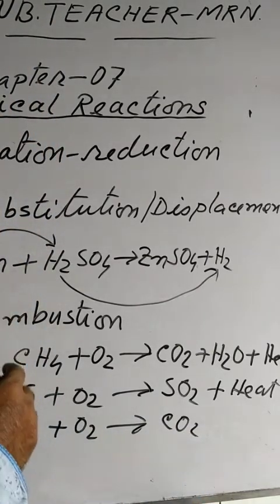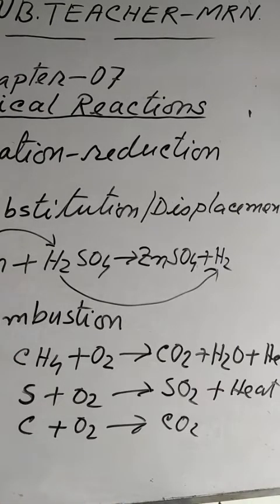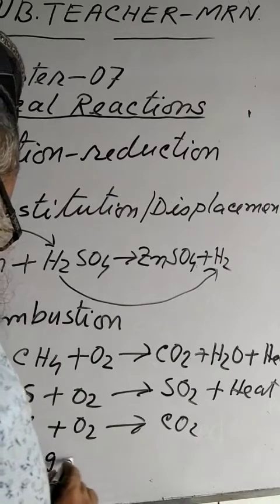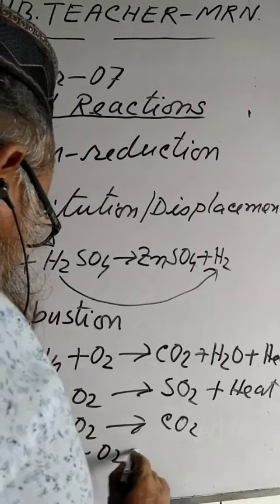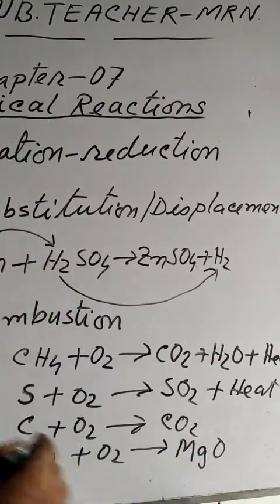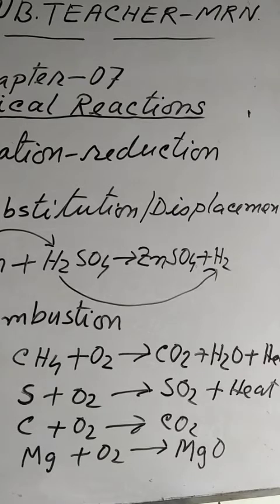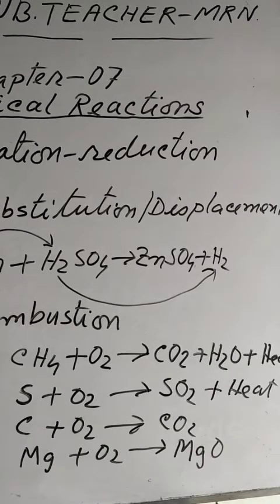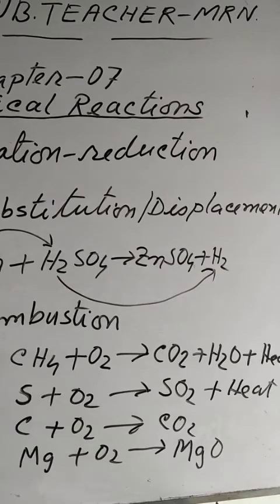Magnesium is burned in the presence of atmospheric oxygen and produces magnesium oxide plus a huge amount of heat. That means in a combustion reaction, an oxide is produced, oxygen participates in the reaction, and a huge amount of heat is produced. These are examples of combustion reaction.